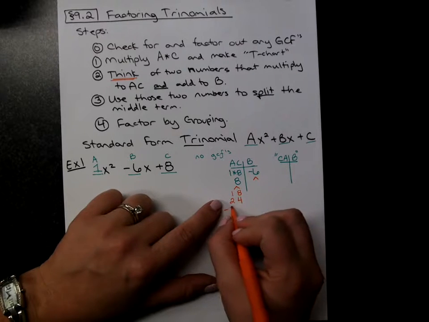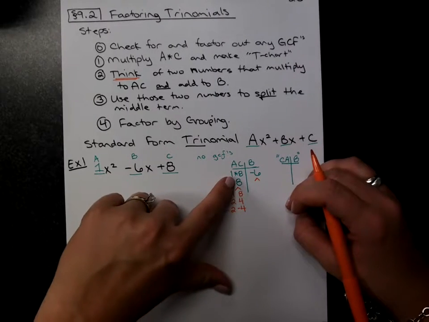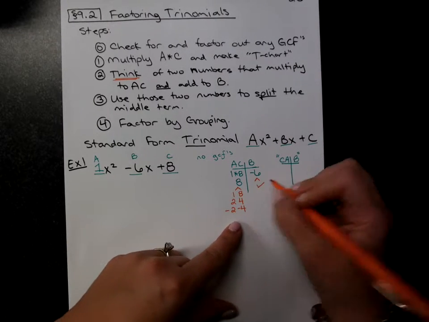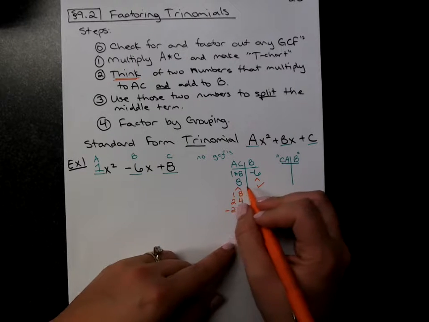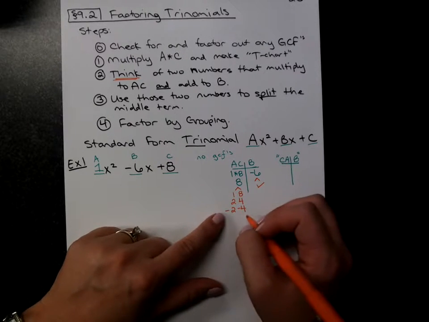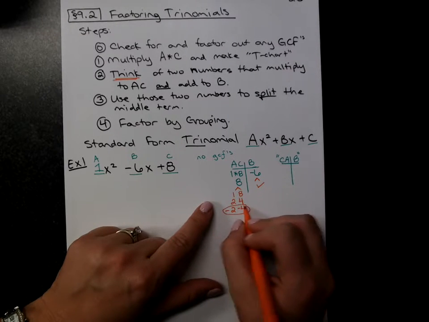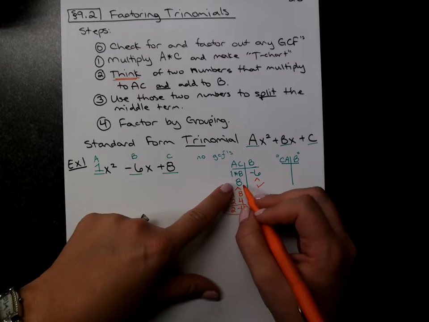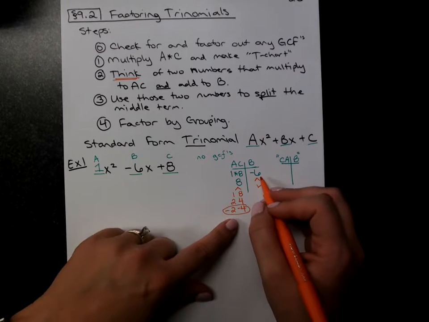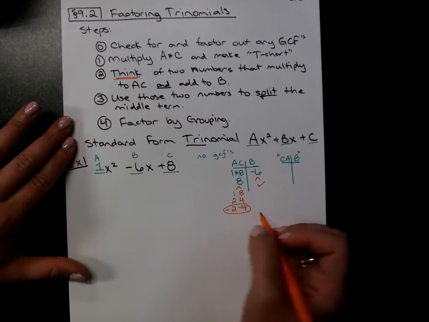No. Negative 2 and negative 4 multiply to positive 8, and they add to negative 6. So you just start thinking of multiples, sometimes make them positive, make them negative, whatever you need to do, until you find the magic pair that multiply to AC and add to B at the same time. So my magic pair for this one is negative 2 and negative 4.